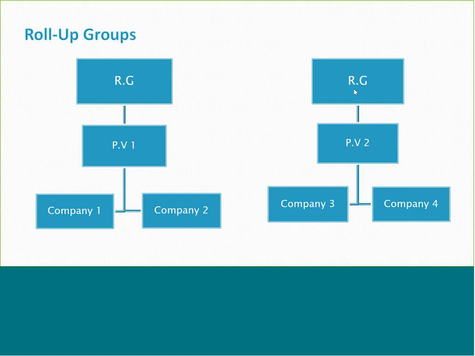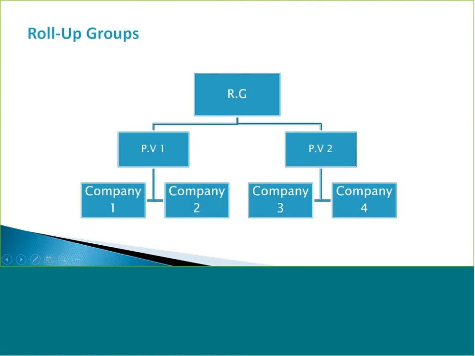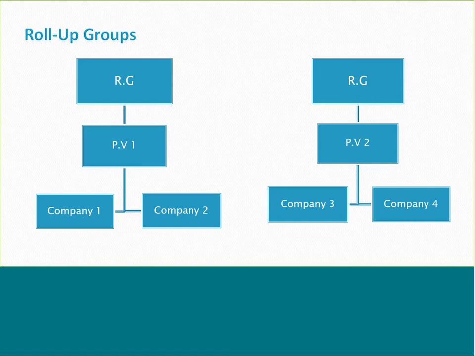All right. So if this same enterprise wanted to look at balances for these 2 companies separately and balances for these 2 companies separately, and they still want to look at the balances for the whole enterprise, then what is the solution to that? And we have said that summary account balances can only be created at the roll-up group level.